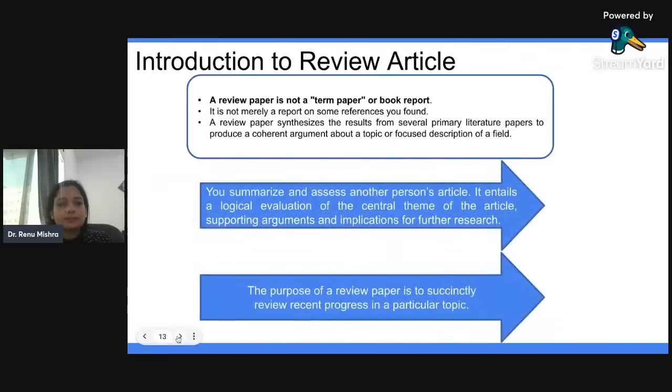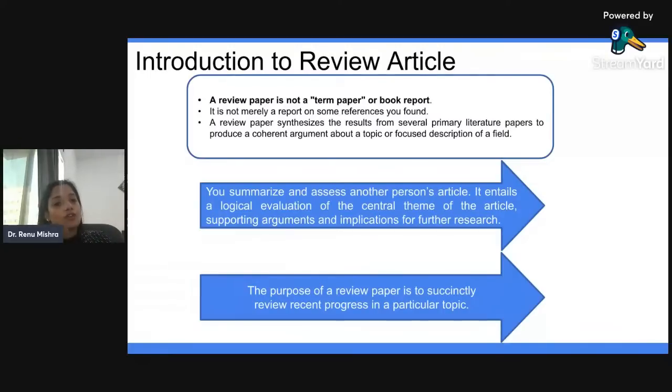All right, move ahead. When you summarize and assess, when I say assess, that means your own feedback is associated. Your own analysis is associated. For example, if you are reviewing one paper wherein correlation is being used, you give justification why this paper has used correlation, or after establishing a relationship between independent and dependent variables, thus it has been justified that the usage of correlation is found to be justified.